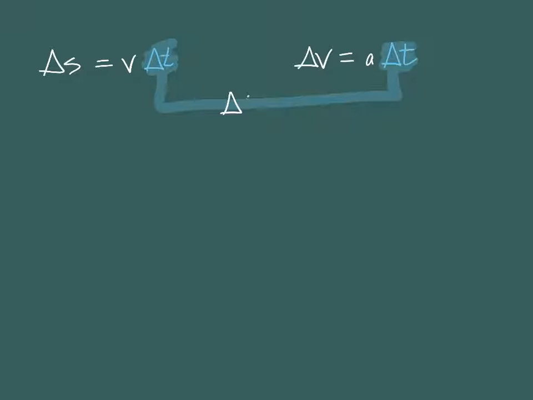So it is the case that delta t equals delta t. Well, delta t over here would be delta s per v, and delta t over here would be delta v per a. Okay.